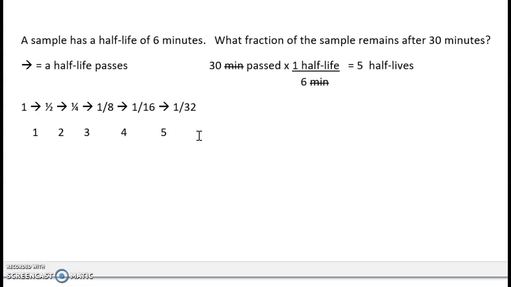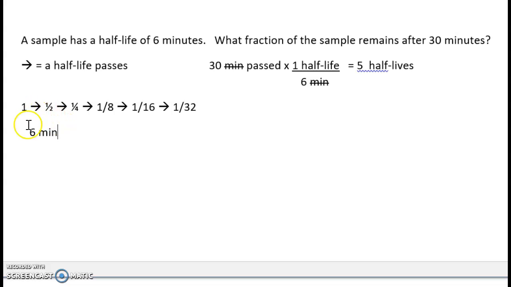Okay? Another way to do it, which doesn't quite show as much understanding, but will get you to the same answer, is instead of counting the half-lives that go by, just keep counting minutes. So when you start out, you're at 0 minutes. We need to get up to 30 minutes. So that first arrow represents 6 minutes.